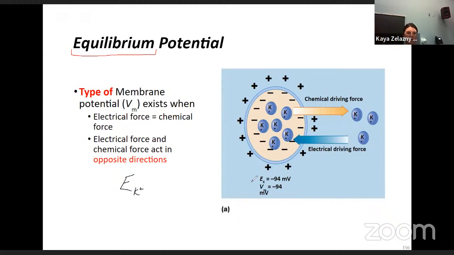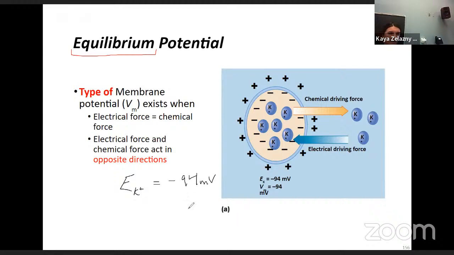So in this case, we see our equilibrium potential for potassium is negative 94. And that means that if the cell is at anything other than negative 94 millivolts, potassium is going to move. And it's going to move in whatever direction it takes to get that cell to negative 94.